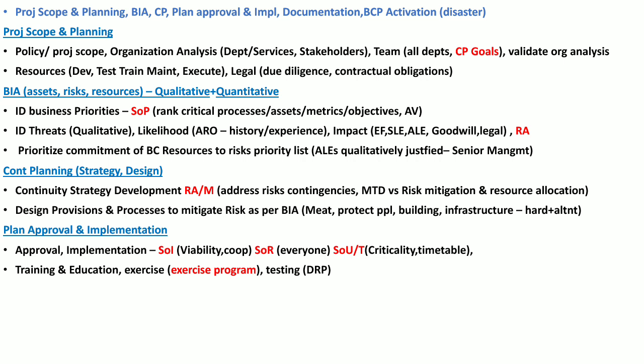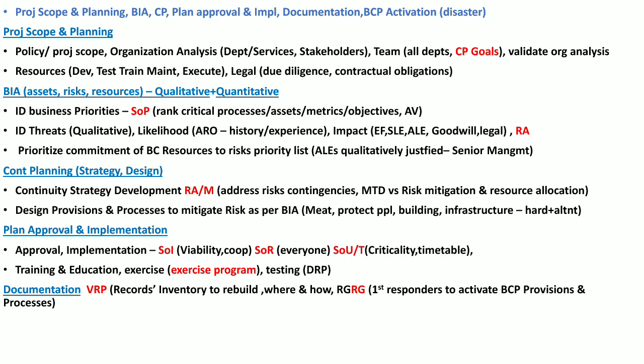Then after approval of BCP, we train and educate the users on BCP, and this BCP team plans the exercises in a document which is called the exercise program. Then this plan is tested, and this testing may include the testing of the disaster recovery plan.